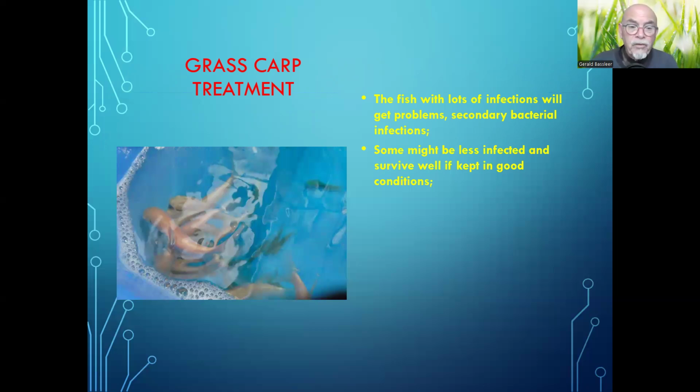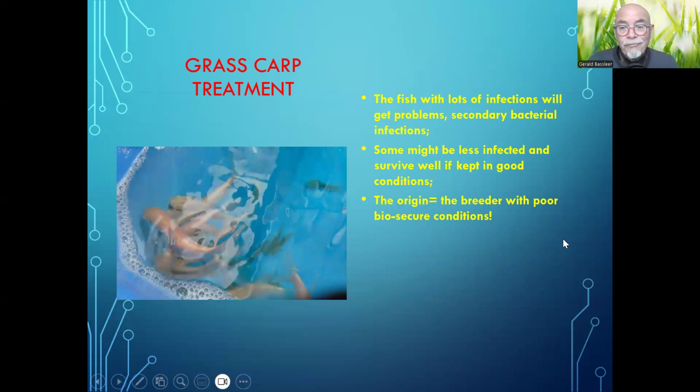But some of the fish might be less infected and survive well if you provide good conditions. The origin of this problem is the breeder with poor biosecure conditions. That means there are birds, there are snails, poor water quality, poor feeding, maybe.